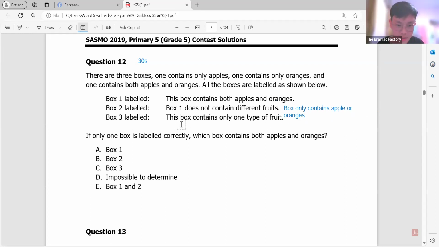And the third one, this box contains only one type of fruit. It could be apple or orange. So they said that if only one box is labeled correctly, which box contains both fruits, apples and oranges.